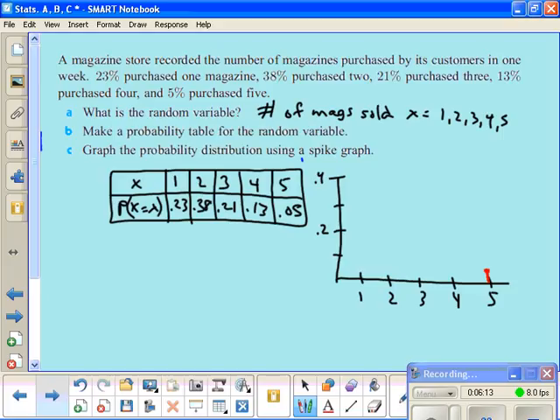And the next one is 13%, so it's a little higher. That's 4. 21% is 3, 38% is 2, so almost all the way to 0.4, and 0.23 is a little taller. So there you go. That's a graphical representation.